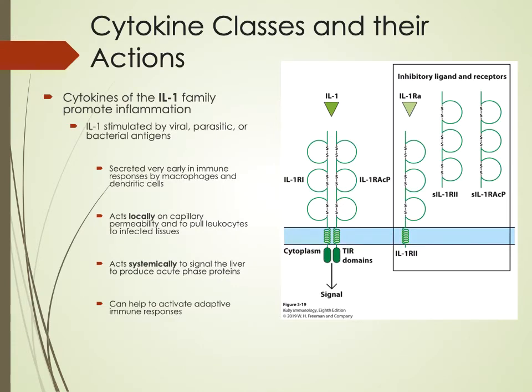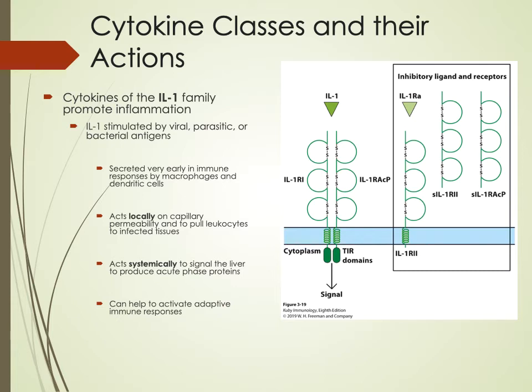Okay, and so looking at the interleukin-1 family, these cytokines are prone to promoting inflammation. IL-1 gets stimulated when we have viral, parasitic, or bacterial agents present. So they get secreted early, during the innate response, by macrophages and dendritic cells.